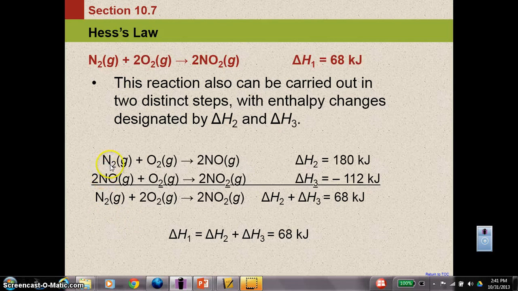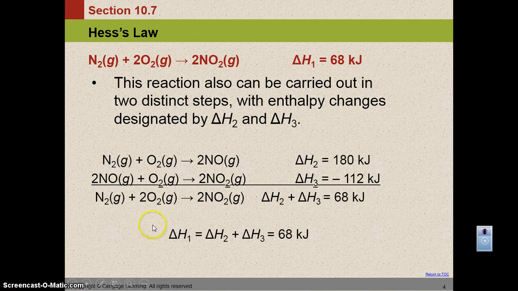So this is saying that I can take these two reactions and add them together in a way so that I can get this final reaction, this original one up here actually that we want. I can take the delta H of each of those reactions and add them together and come up with the amount of heat that's needed to either be absorbed or that will be given off by the reaction. And that's how they get the 68 kilojoules.